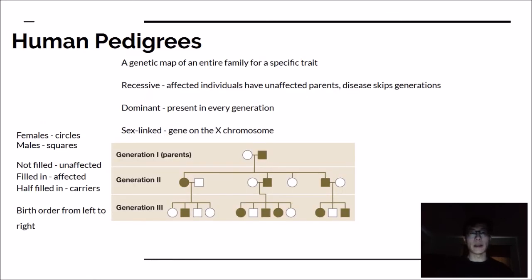Now, ultimately, what you're potentially able to do with all these things that we learned is build a pedigree. A human pedigree is a genetic map of an entire family for a specific trait that we're looking at. We can use recessive traits, dominant traits, sex-linked traits, or some other trait present in this familial group, correlate it all together, build that tree, and see whether it is inherited in a certain way.